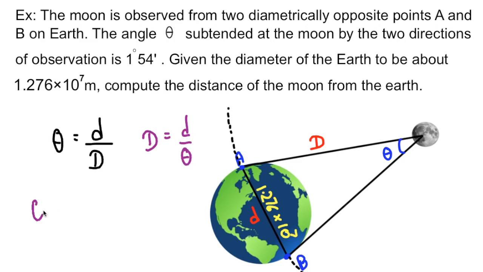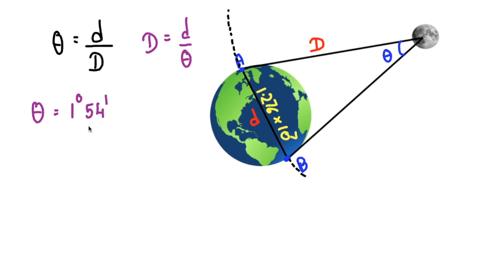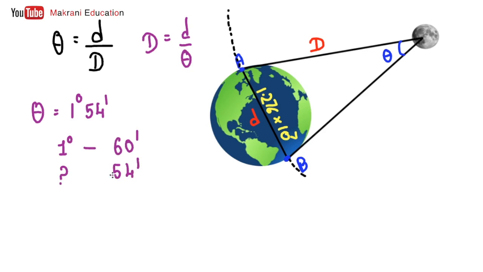So let us take theta, given as 1 degree 54 minute. I need to convert this quantity into degrees. 1 degree is already in degree, but for 54 minute: I know 1 degree is 60 minute, so what would 54 minute be in degrees? 54 into 1 by 60, by cross multiplying, gives 54 by 60, that is 0.9 degree.